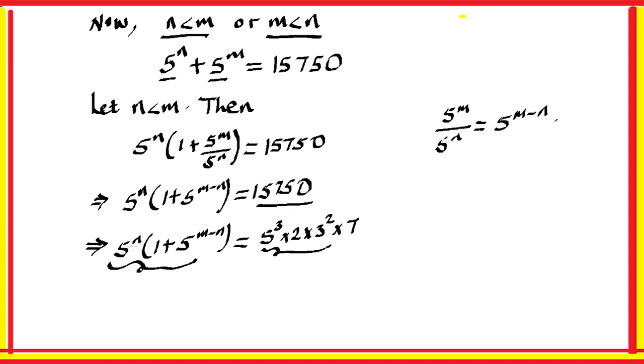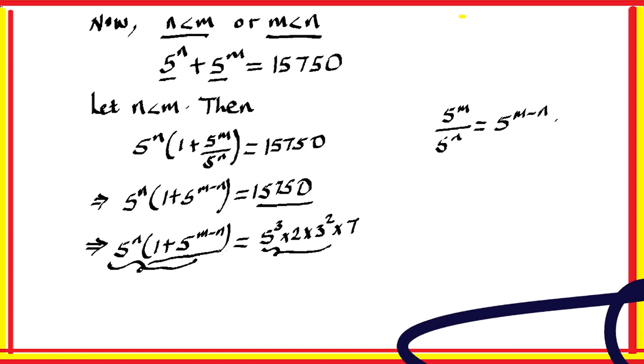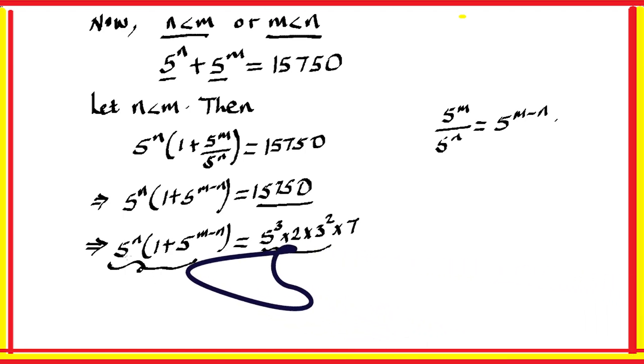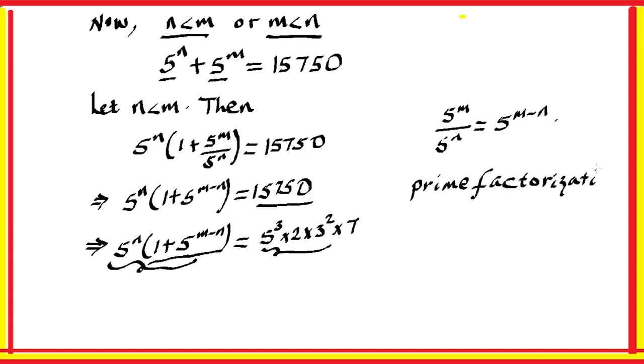We have 5 as a factor, and we have to confirm that the multiplicity of the factor 5 on the left is n. Let me recall the prime factorization concept. Whenever we factorize a number into prime factors, its factorization is unique. You will have k factors p1, p2, pk, with multiplicities n1, n2, nk.